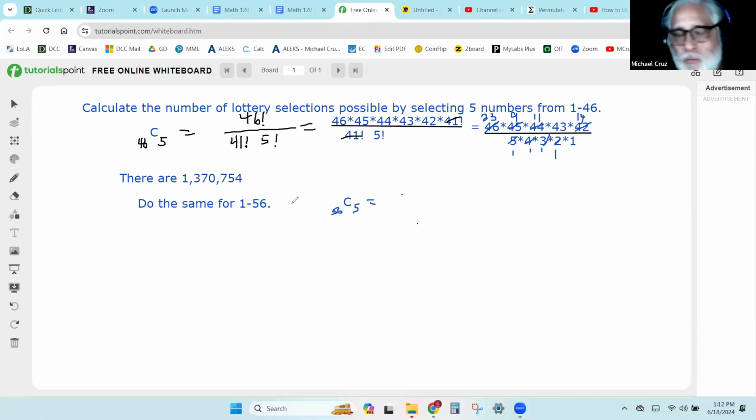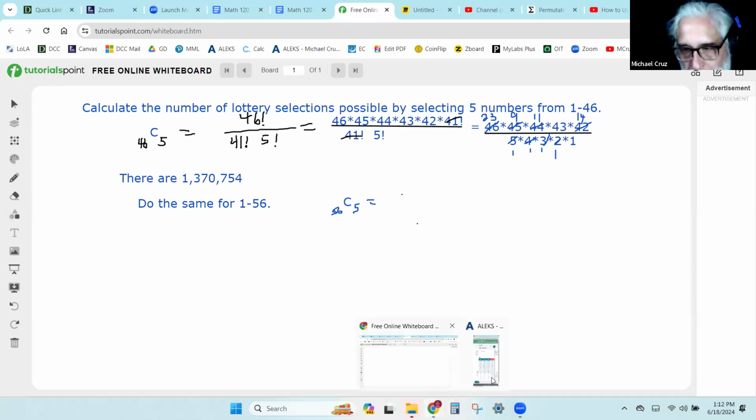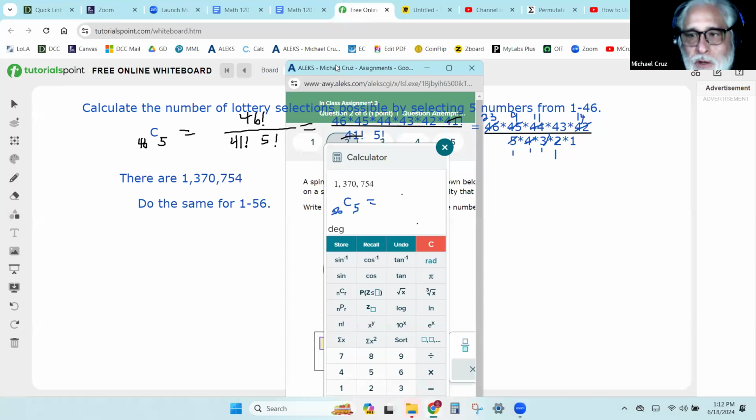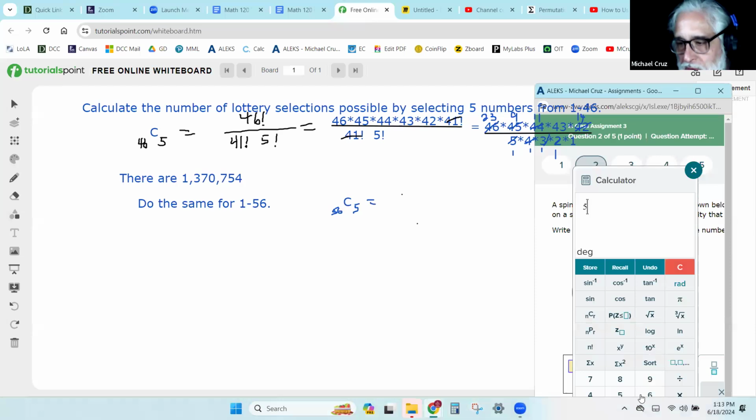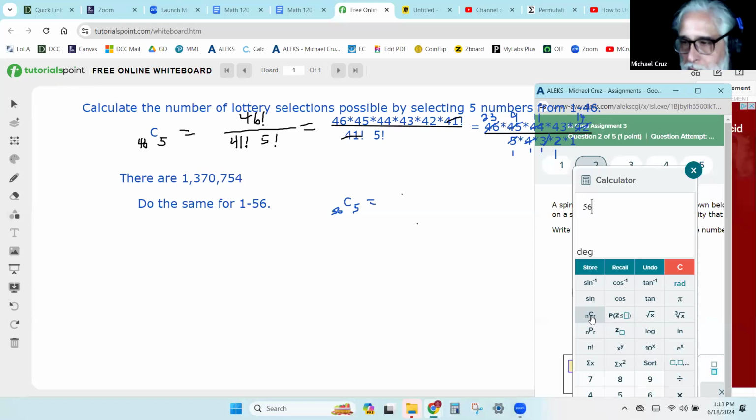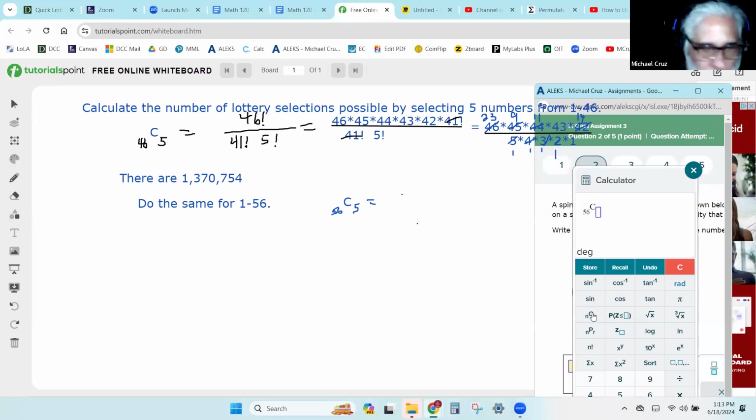All right. So I'm going to do it real quick on the calculator, then I'll come back and do it by hand so we can double check it. All right, so 56 now. We're using the C because we're not worried about order here because we just want to have those 5 numbers. We don't care what order they're in.